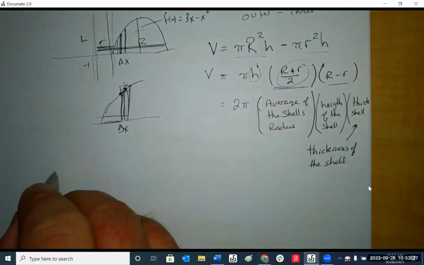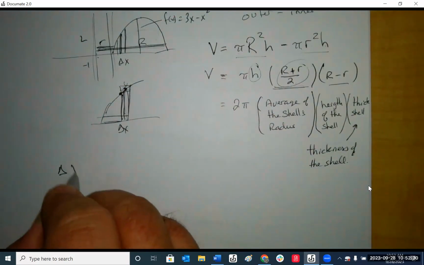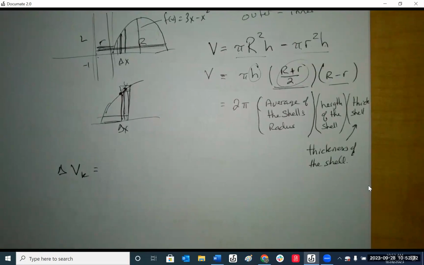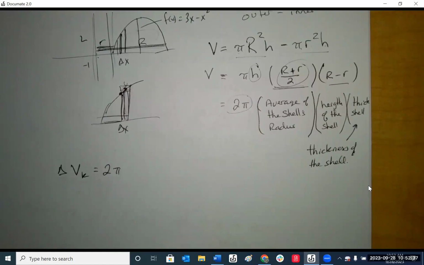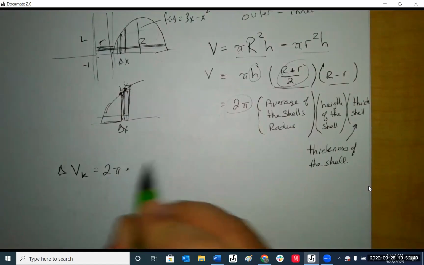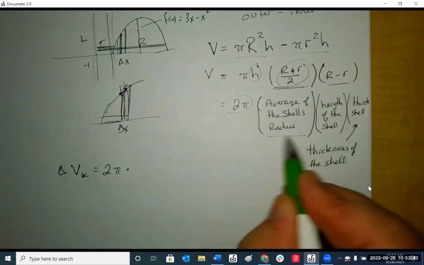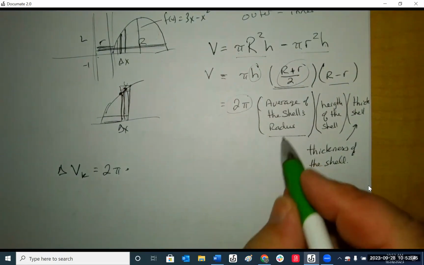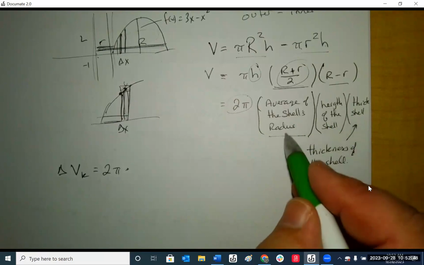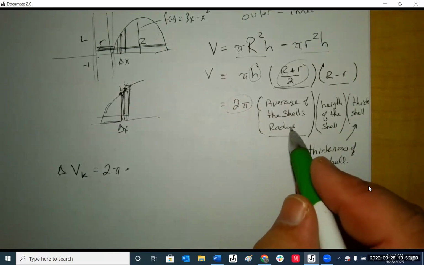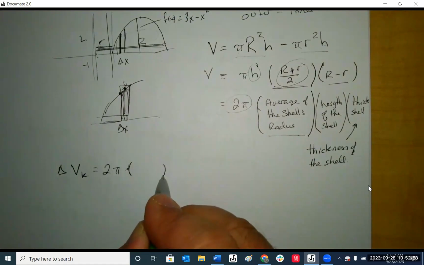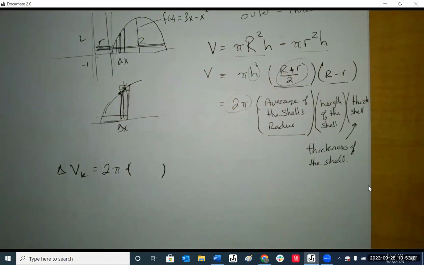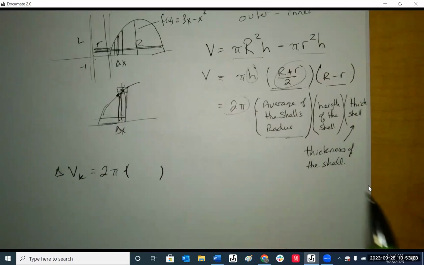Because we have all these slabs, we have delta V sub k equal to the circumference times the average of the shell radius.